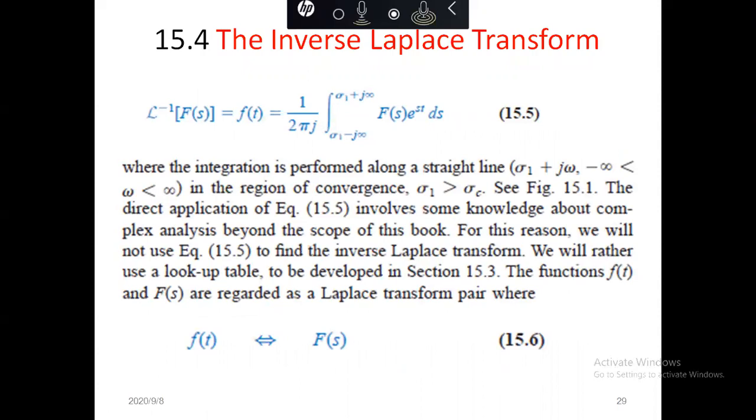So what about the region of convergence?